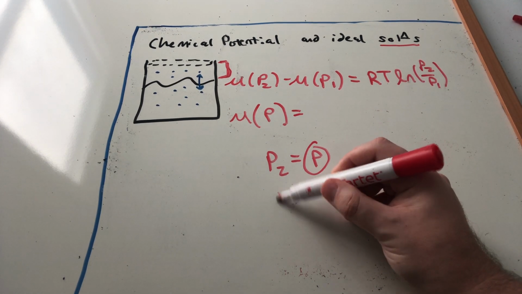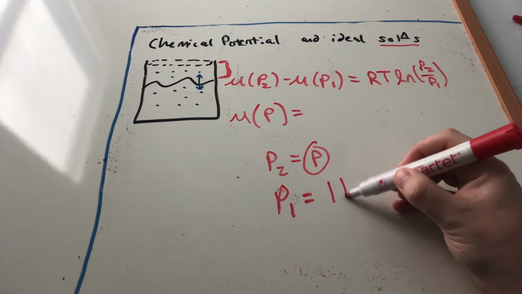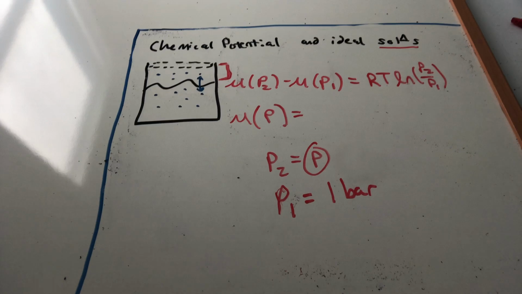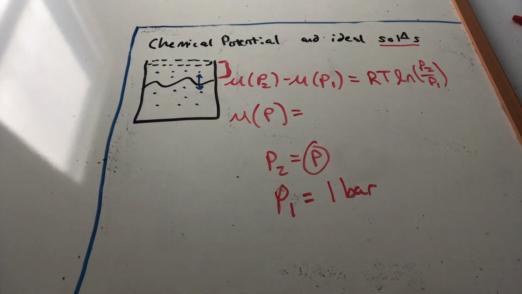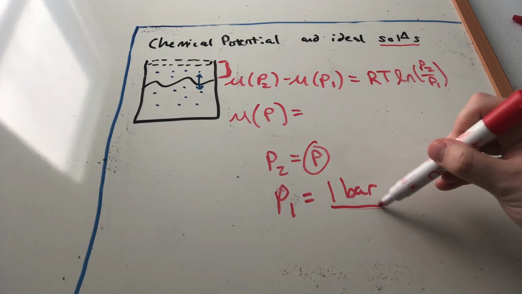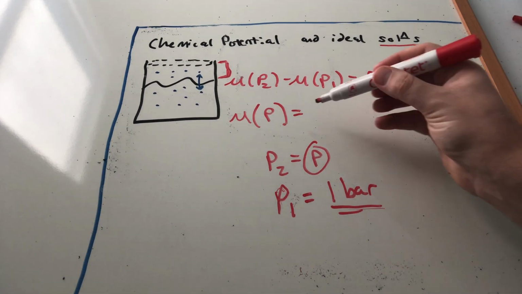Because for P1, just like before, we're going to pick our standard pressure. Remember what these P's are. These are pressures up here in this vapor phase. These are the vapor pressures. We're going to use a standard vapor pressure of 1 bar, just like we would for any ideal gas standard.